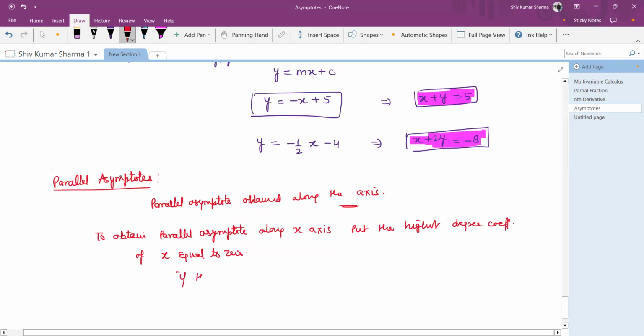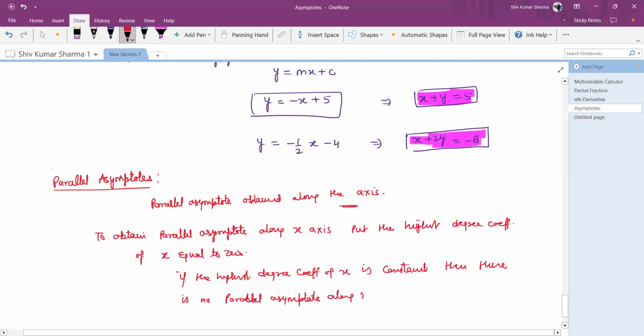If the highest degree coefficient of x is constant, then there is no parallel asymptote along the x-axis.